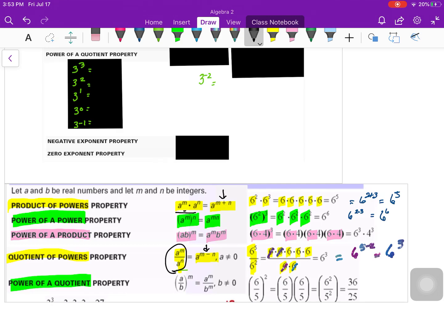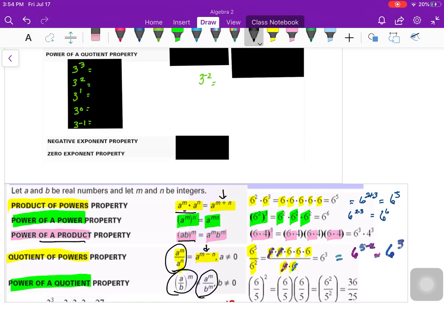And the last one then is power of a quotient. Well, up here, I had power of a product, and then I took each one to the power. This time it's power of a quotient. So I'm still going to take each one in the quotient to the power.